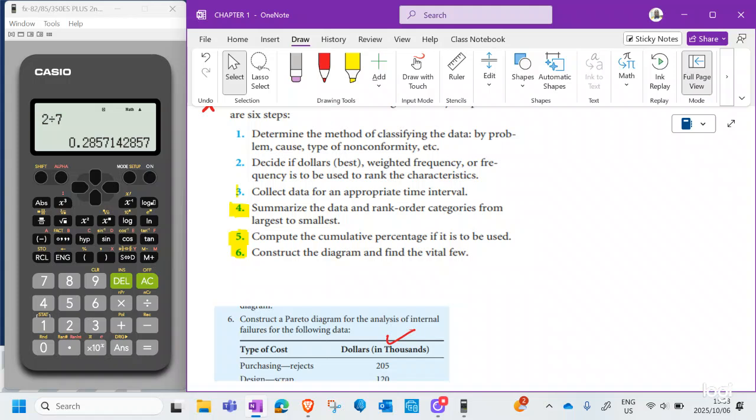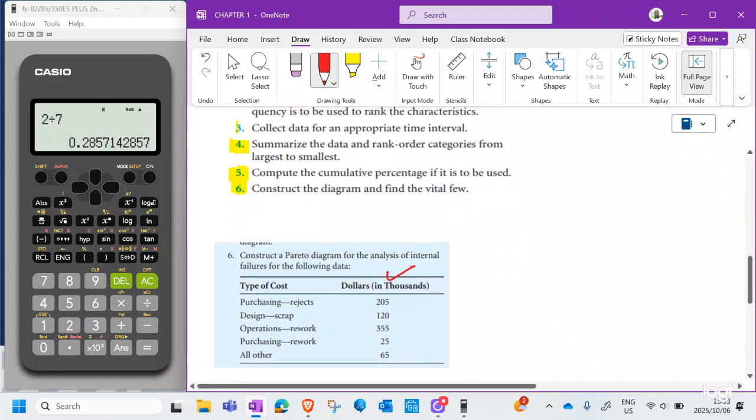So this data will have to be put from largest to smallest. Then you compute the cumulative percentage if it is to be used. Then you construct the diagram and find the vital few. So this is the vital few.